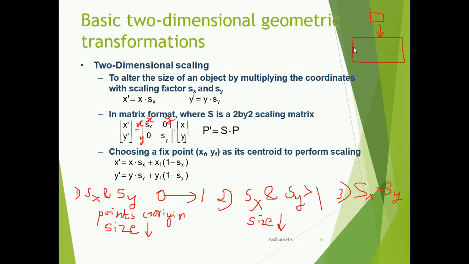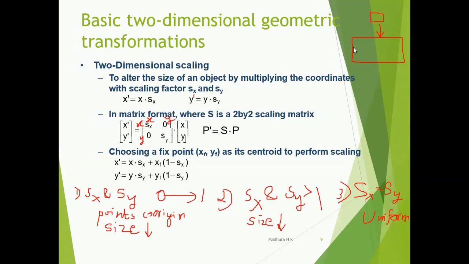Then your scaling will be done in a uniform manner.